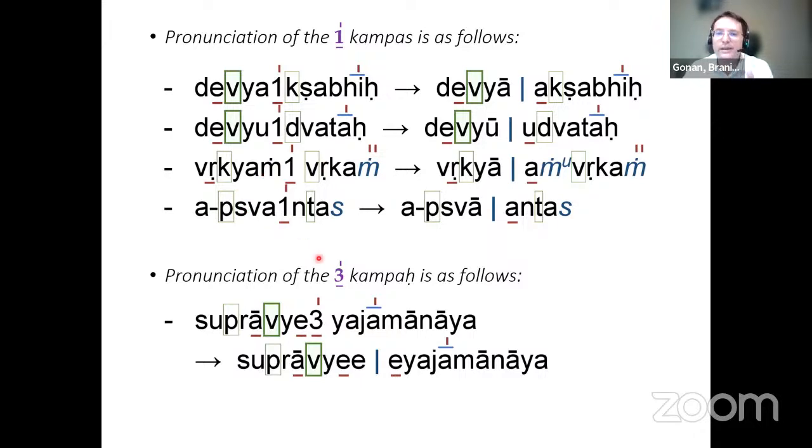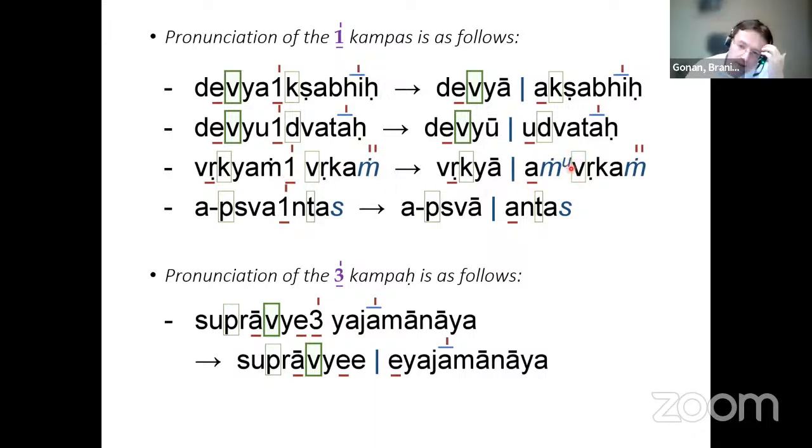So vrkyam. This is a bit complicated because here we have anusvara in the whole picture. So vrkya, and then anvrkam.